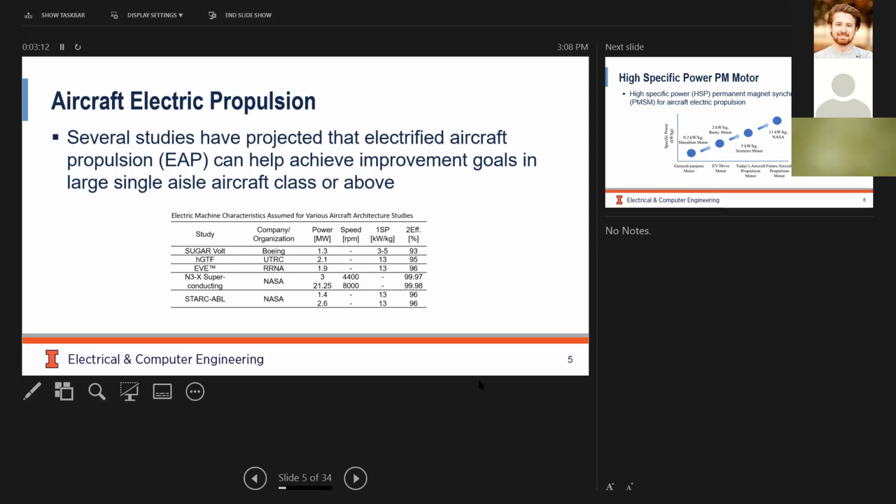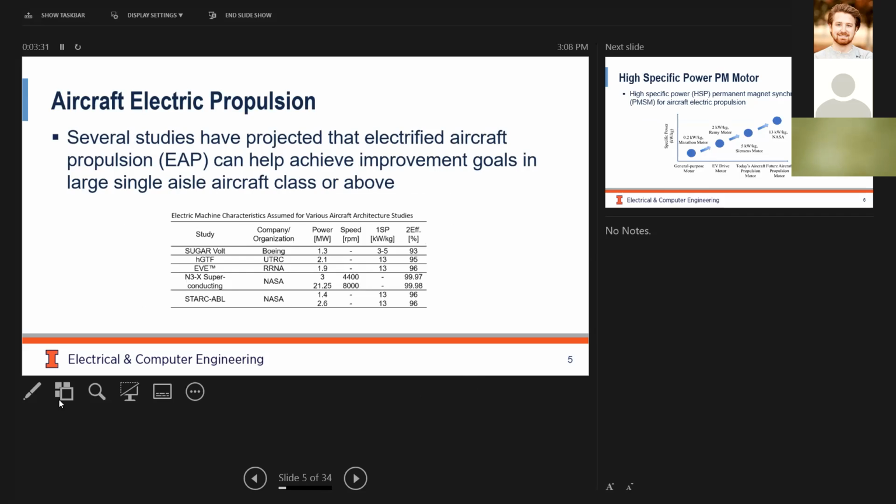Another piece of background is that several studies have projected that electrified aircraft propulsion can help achieve the improvement goals I just listed, especially in large aircraft.